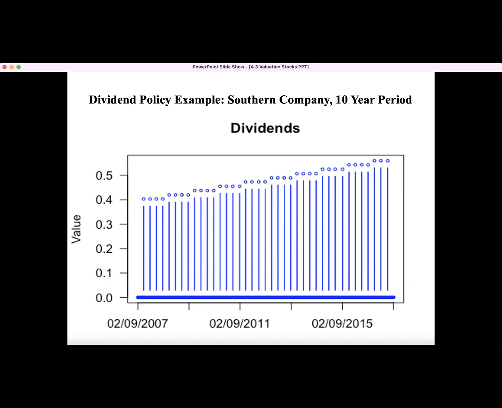Before we do this simplification, this is an illustration of Southern Company over a 10-year period. It illustrates the fact that dividends are typically paid quarterly in the United States. That's not true in other countries, but here it's typically quarterly pay and annually adjusted. And so what should be clear is it ought not to be that difficult to predict future dividend streams in light of these past dividends.